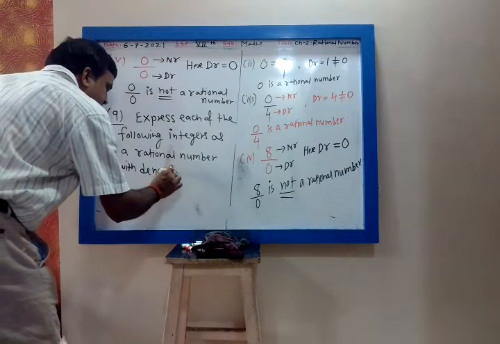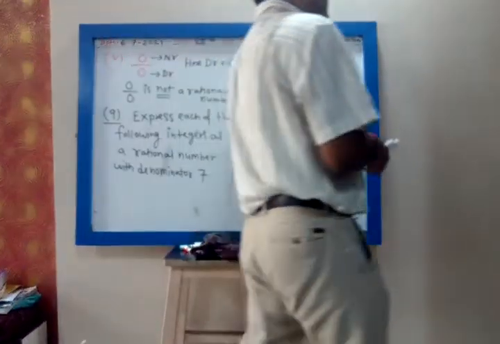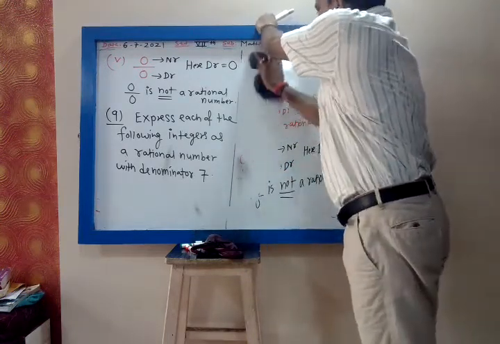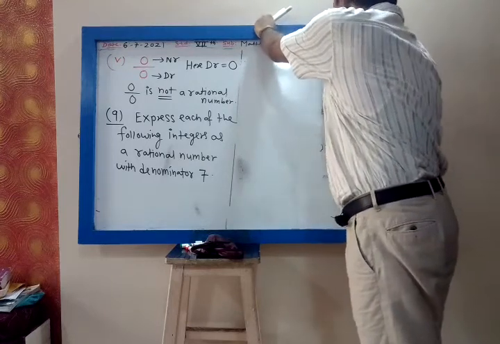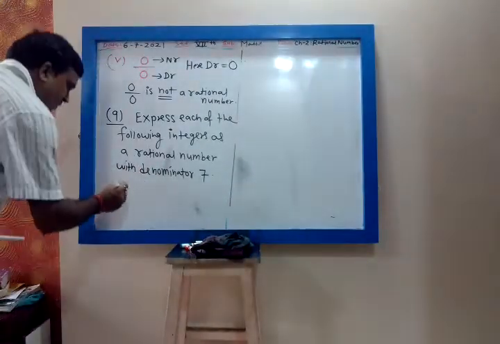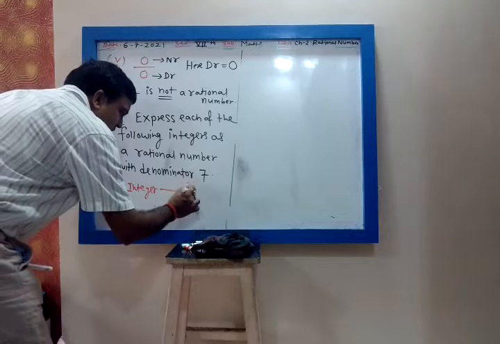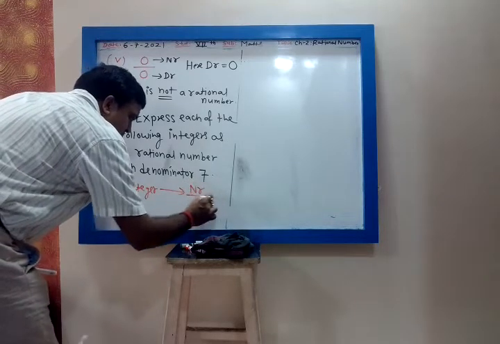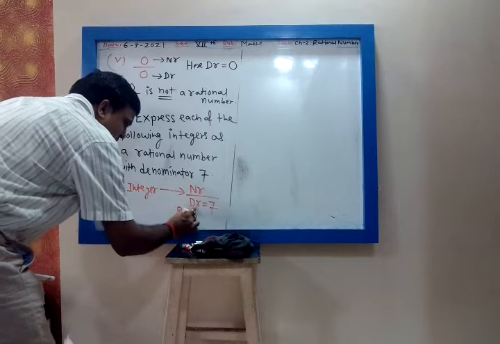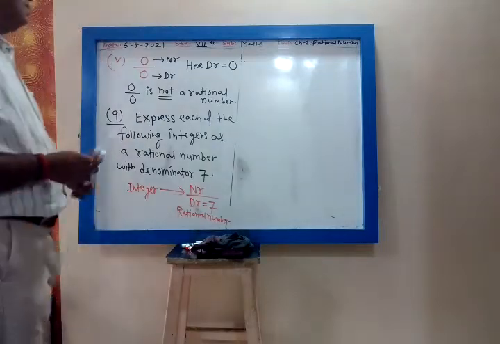So you have to convert an integer to a rational number, but the denominator should be 7. Numerator can be anything, but we want denominator 7.